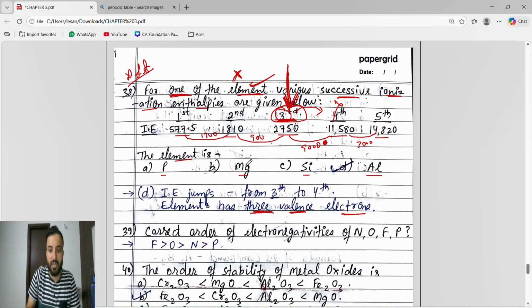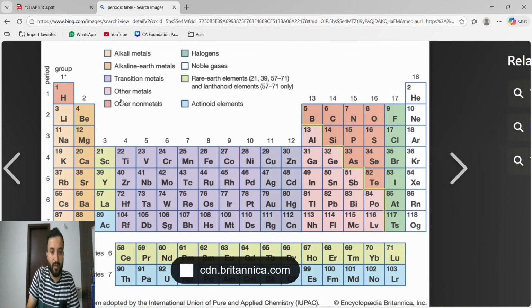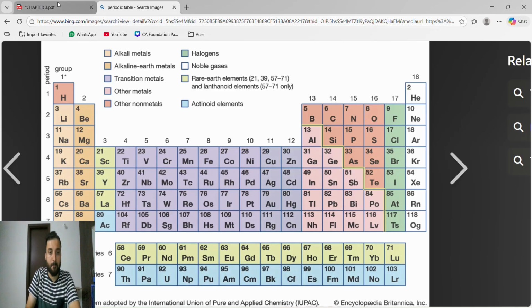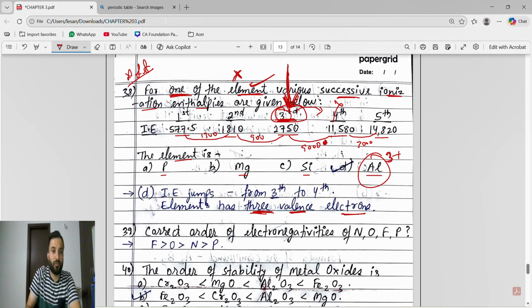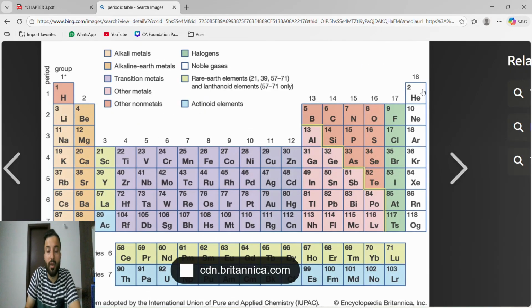Now check which element has 3 valence electrons. We know aluminium has +3. Phosphorus is present here, and we know the electronic configuration ends at a noble gas, again starting from s1.